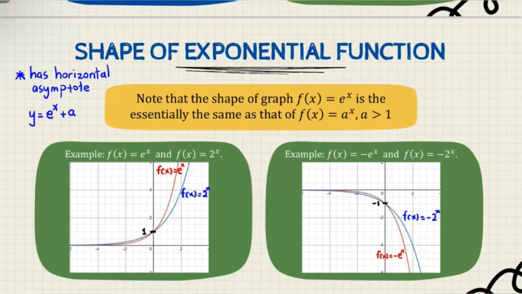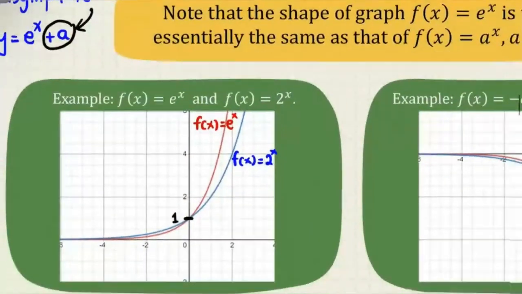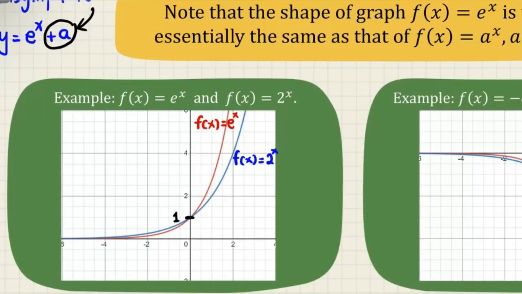Okay, so ini sebenarnya adalah location kepada our horizontal asymptote. So horizontal asymptote tu dia akan ada yang melintang ni lah. Okay. So kalau tengok kepada graf kita, function kita yang pertama ini, e of x. So e of x, constant a dekat belakang adalah 0. Okay, so that means our horizontal asymptote will be at 0.